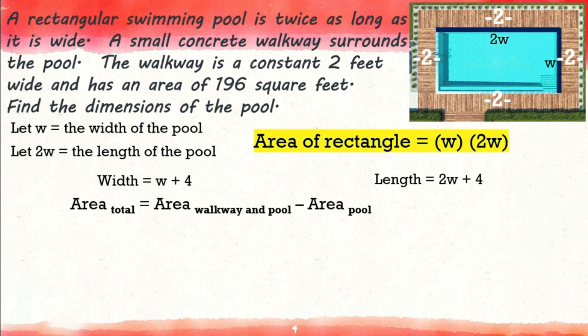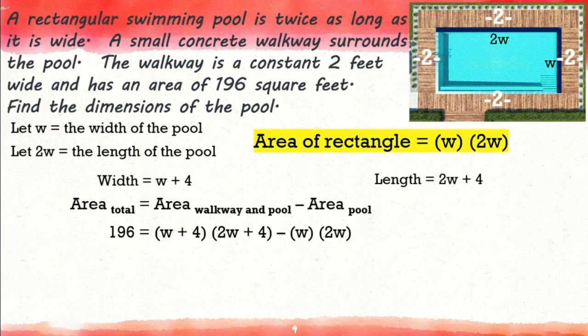So let us now substitute the values into our formula. Total area given is 196. The area of walkway and pool is W plus 4 times 2W plus 4, minus pool area, which is W times 2W.